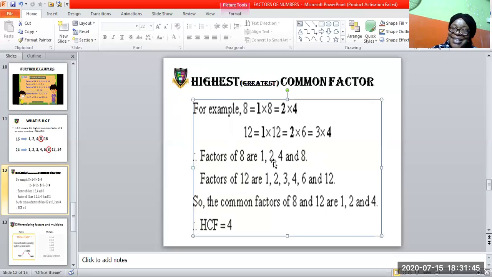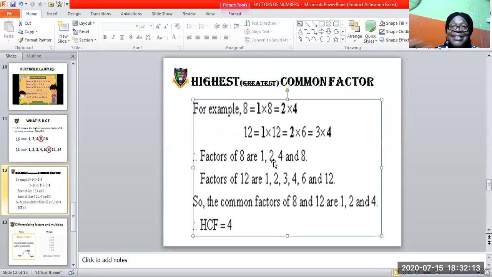But the highest of these factors becomes number 4. And like I said, it is the elder brother. So, do you understand? 1, 2, and 4 are common factors.